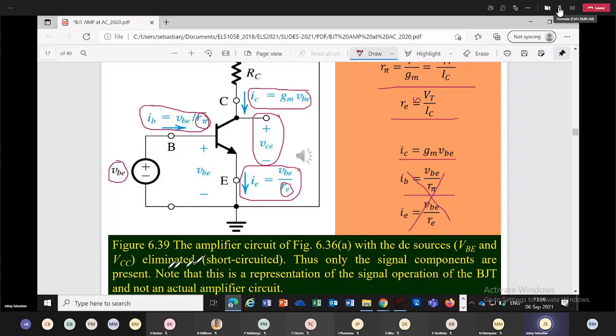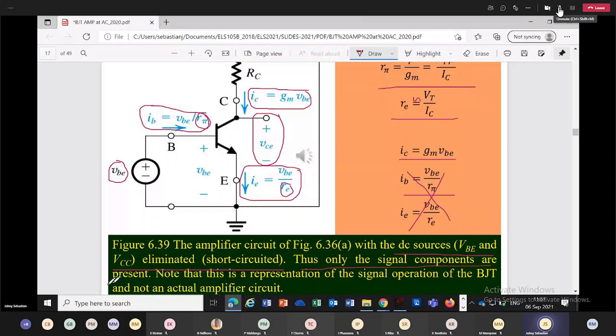Okay, amplifier circuit with DC sources VBE and VCC eliminated, that is, they are short circuited. The purpose is only to reveal small signal values. Thus, only the small signal components are present.